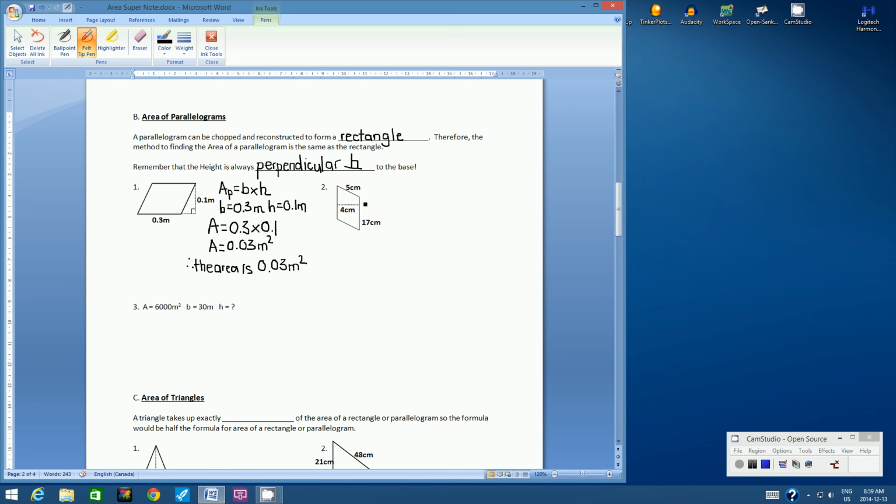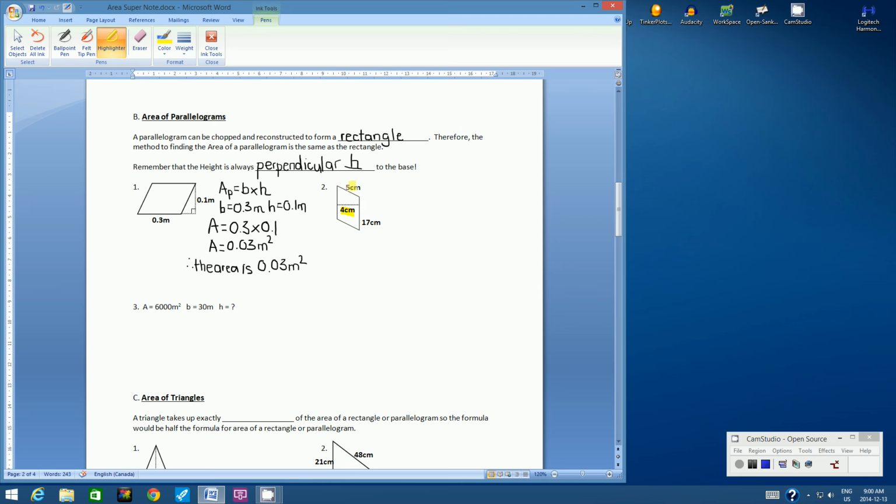So in a parallelogram, we always look for the dotted line because the dotted line shows the height. So we probably need this measurement here, 4 centimeters, because it's connected to the dotted line. Which line is the dotted line at a 90-degree angle to? In other words, what is its perpendicular?